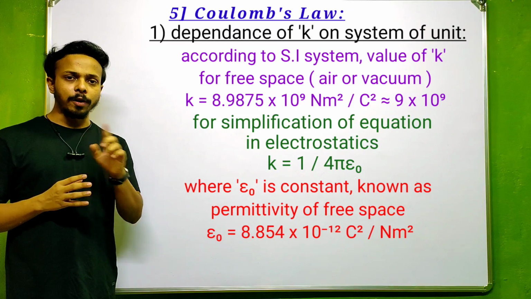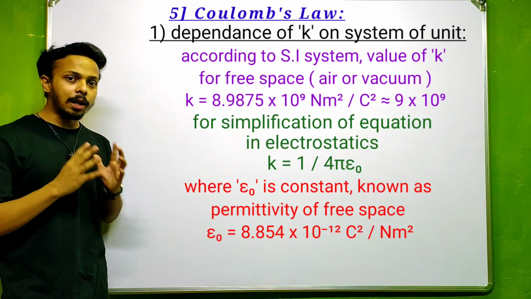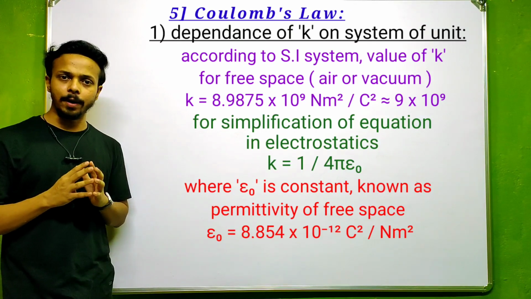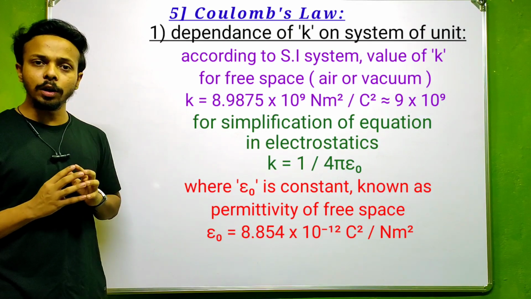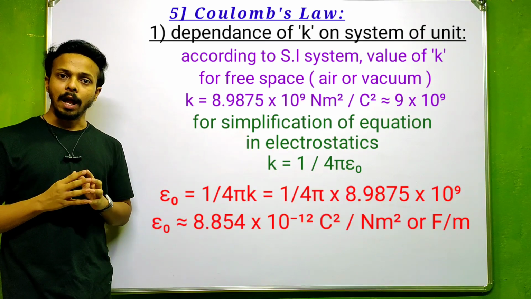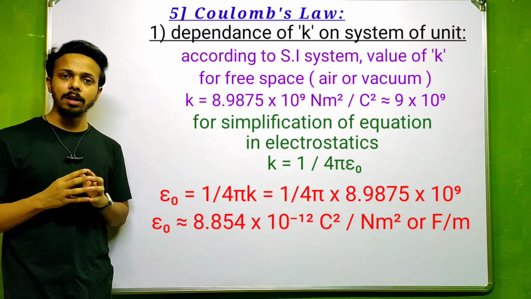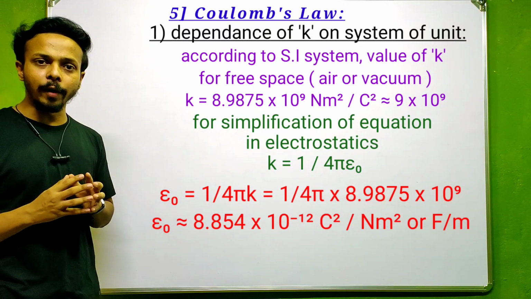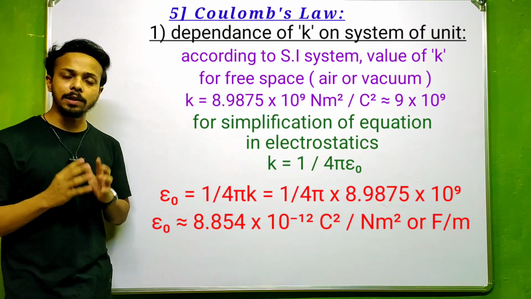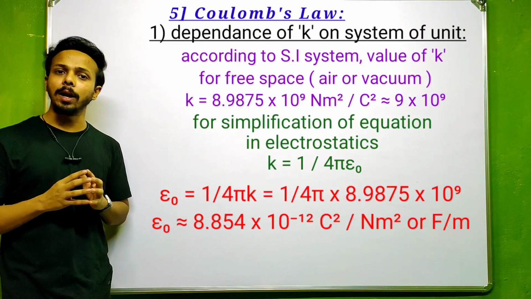First of all, let us see how the value comes. If you see the formula, K is equal to 1 divided by 4 pi epsilon naught. So epsilon naught is equal to 1 divided by 4 pi into K, and we know the value of K, that is 8.9875 into 10 to the power 9. When we substitute the value and simplify, the value of epsilon naught is found to be 8.854 into 10 to the power minus 12.